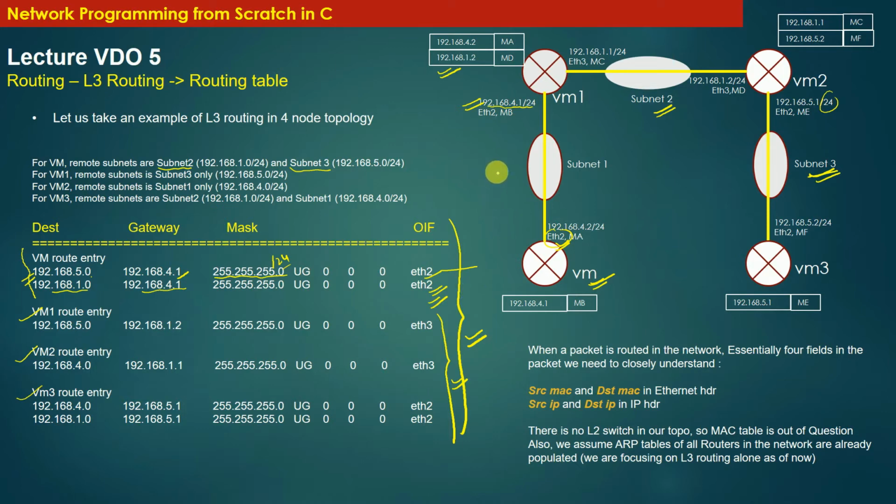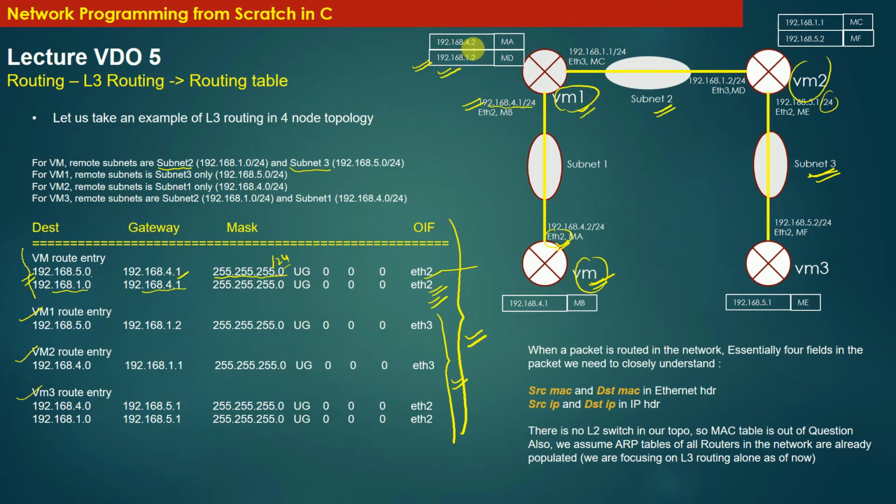Now coming to the ARP table, let us say for the router VM1, the ARP table contains the IP address to MAC address mapping for the neighbors. So VM1 has 2 neighbors, VM and VM2. These are the 2 neighbors of the router VM1.